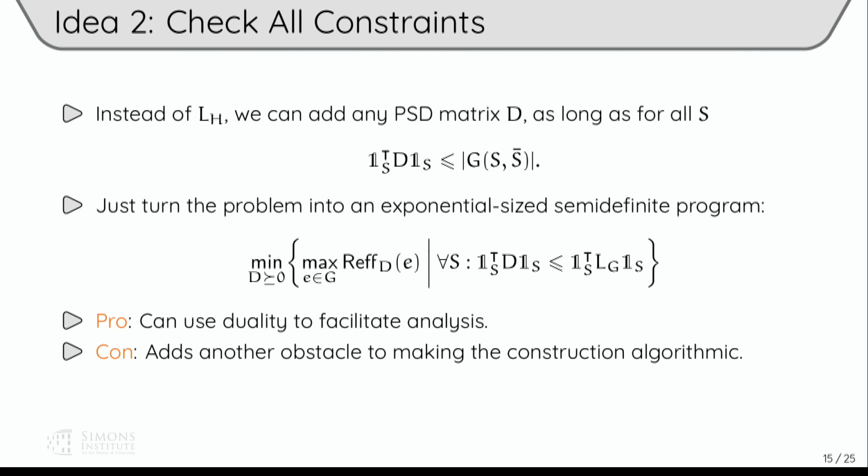So let's say it's a sum of A1 up to some AT. You add these rank 1 matrices to your set, so now you have A1 up to AT.